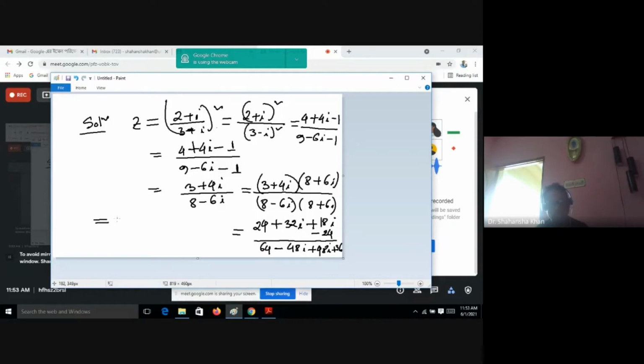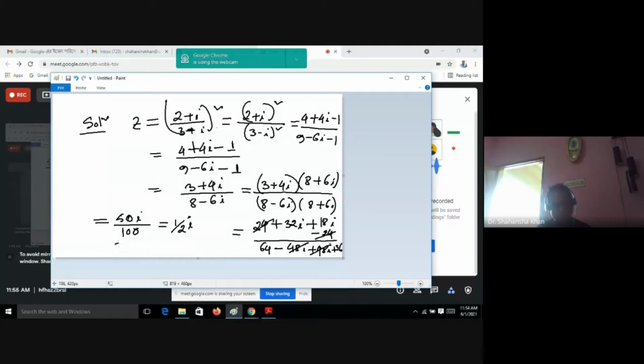The 24 and 24 cancel. So 32 plus 18, what is the value? 50i. In the denominator, 48i and 48i cancel, and 64 plus 36 is 100. So we can write 50i over 100, which is half i.